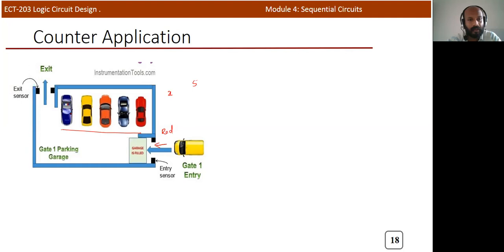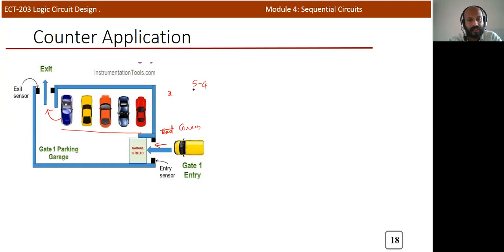When one vehicle goes out of this exit region, you can decrease the count to 4, then you can indicate a green light, because a vehicle can enter. Anyway, we need an automatic counting system, up counting and down counting.